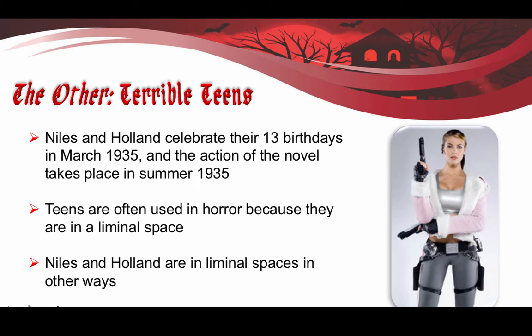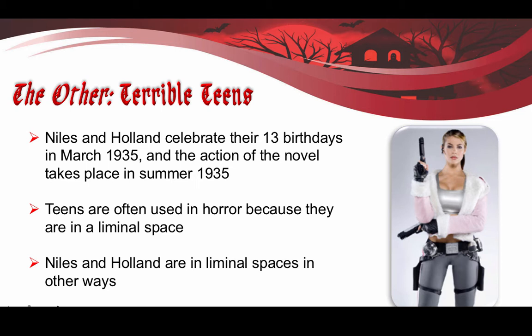At the end of the novel, we learn that the 48-year-old narrator, who comments on the action of the novel throughout the book, identifies himself as Holland, although, of course, we know that, at least physically, he's actually Niles, because Holland is long dead.